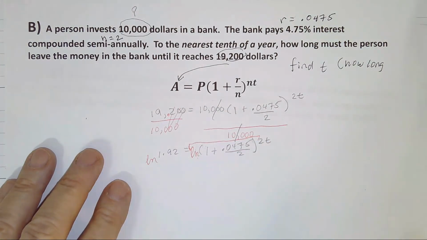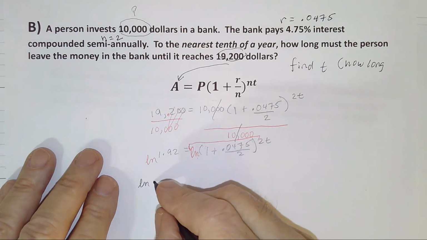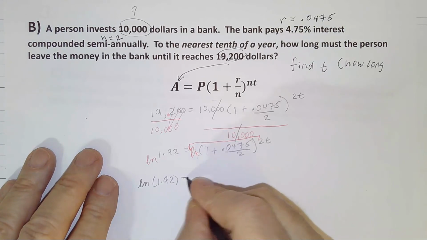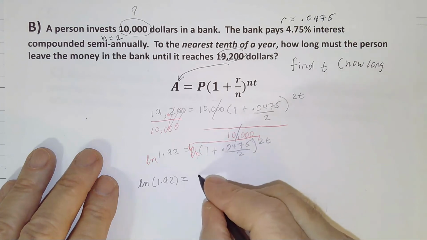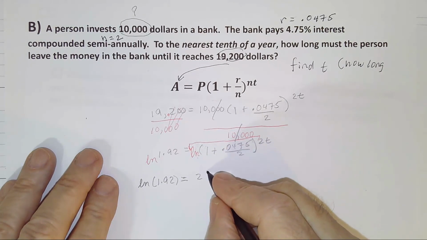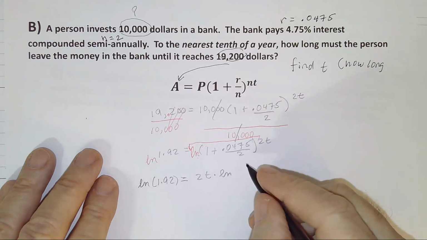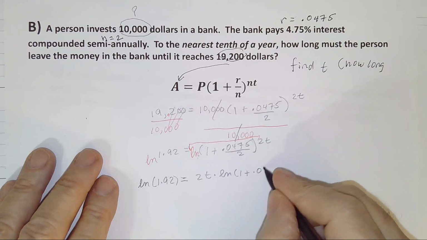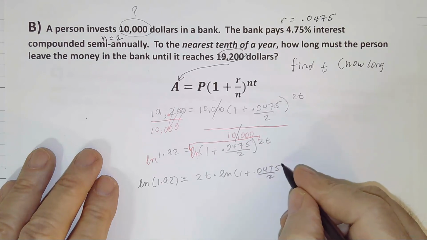So I'm going to rewrite this now as natural log of 1.92 equals 2t times the natural log of 1 plus 0.0475 to the 2.